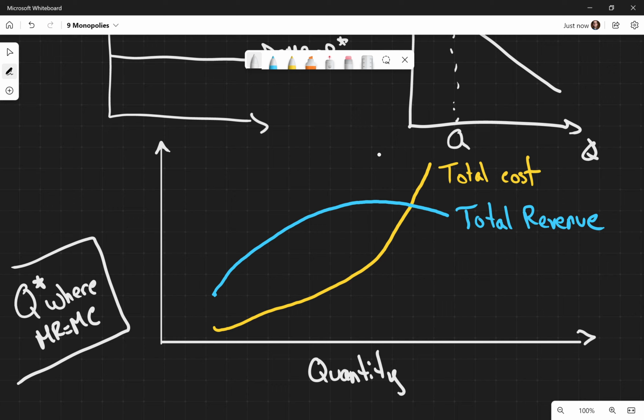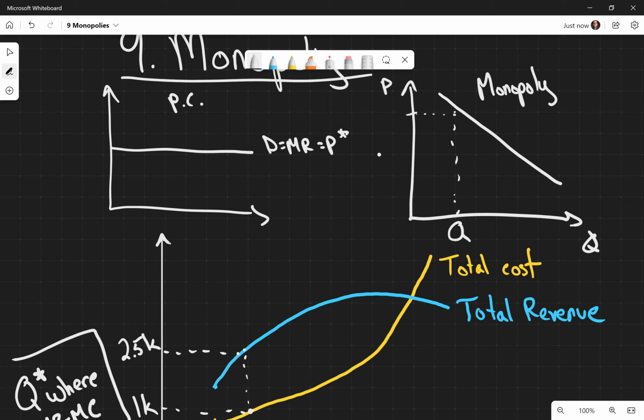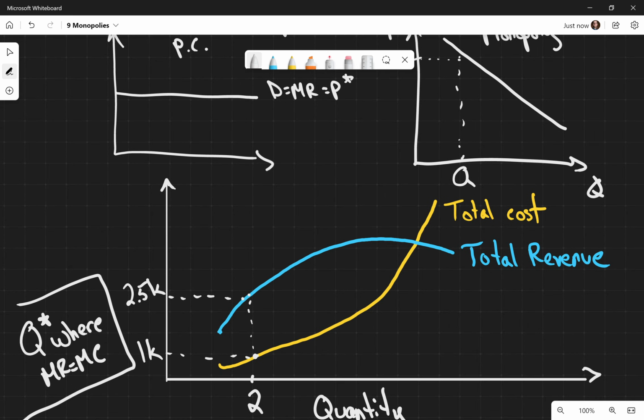At low levels of output, right? So let's say this is 2,000 here, and this is 1,000, and this is up here 2.5 thousand. At low levels of output, we are bringing in little total revenue, because the quantity that we're selling is low. While the price might be high, the quantity is low.